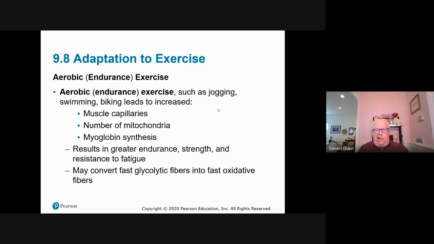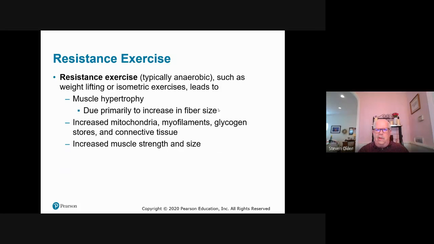Aerobic exercise results in greater endurance, greater strength, and a resistance to fatigue. Resistance exercise is typically an exercise that doesn't use oxygen, like weightlifting or isometric exercises. This leads to muscle hypertrophy, the increase in fiber size.